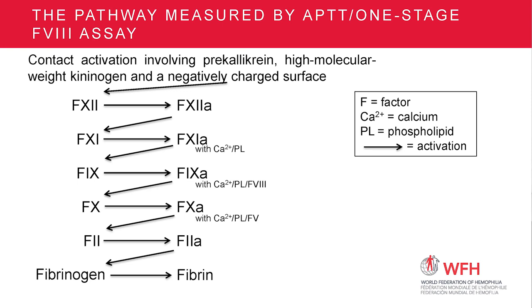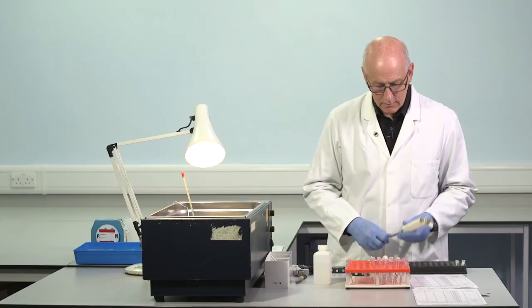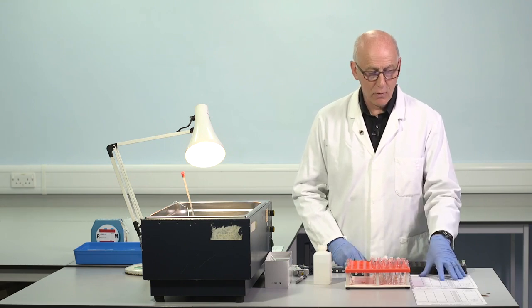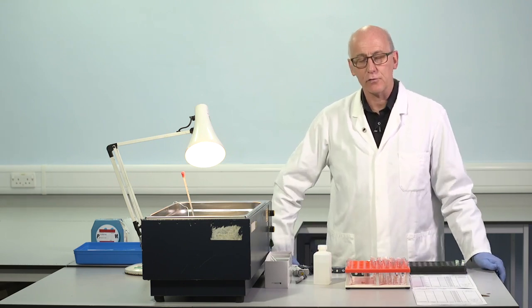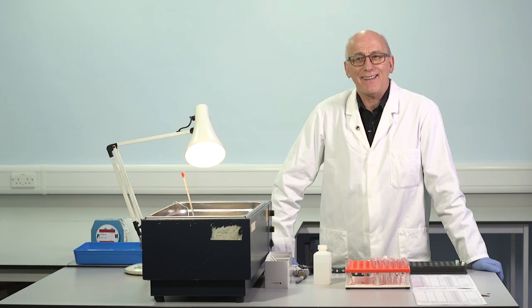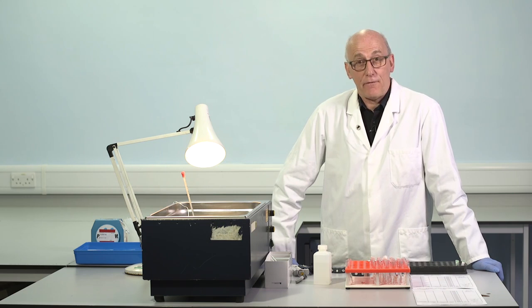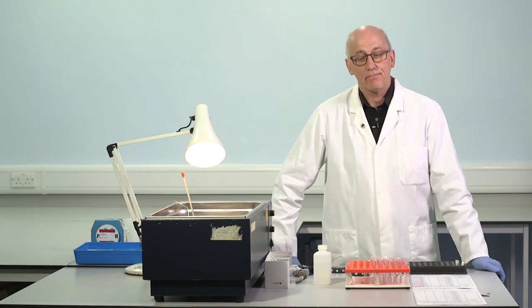In 3 minutes, just as we did for the one-stage factor VIII assay, just as we would do for an APTT, add the calcium, record the endpoint. The APTT reagent used here can be the same one used for factor VIII assays. It is useful at this point to make the assay with an APTT reagent largely unaffected by lupus anticoagulant.